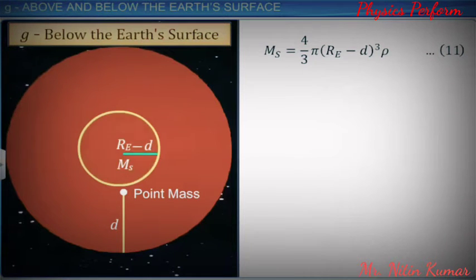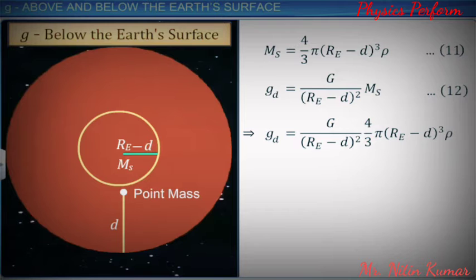Thus, acceleration due to gravity on the surface of the sphere of radius Re minus d can be written as equation 12. Gd is equal to G divided by square of Re minus d multiplied with Ms. This gives acceleration due to gravity at depth d, indicated by equation 13. Gd is equal to 4 by 3 G pi into Re minus d multiplied with ρ.